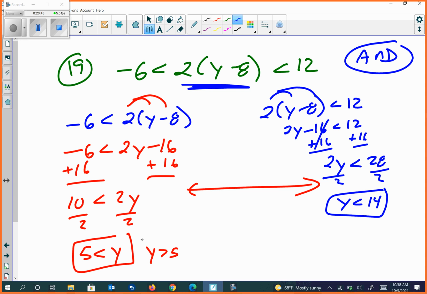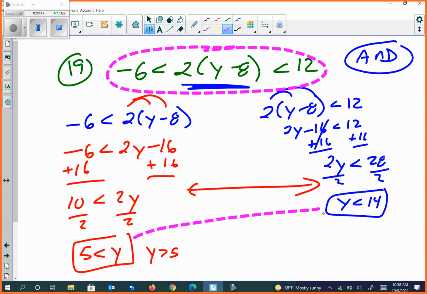Okay, so because this was originally put together, you want to put those 2 together, which is going to give me 5 is less than y, which is less than 14. That's my inequality. On a number line, I'd have a 5 here, I'd have a 14 here.